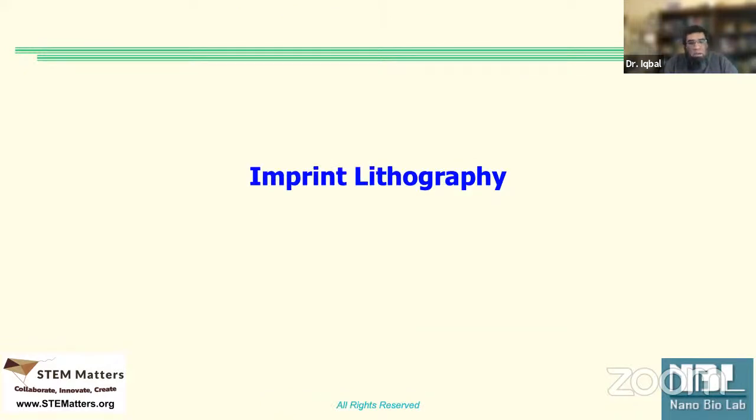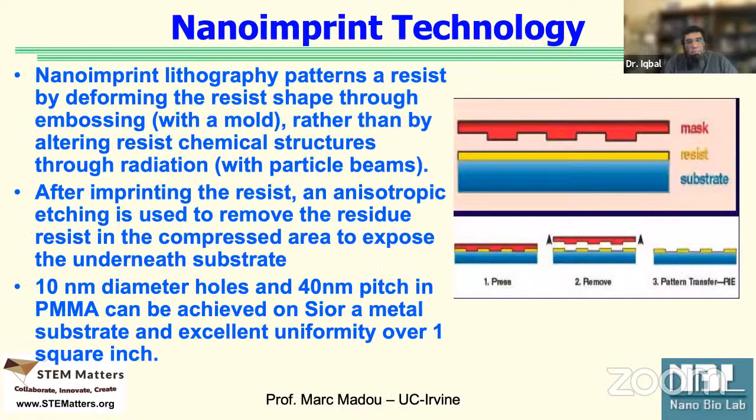So imprint is an idea that we can fabricate nanometer scale patterns. It's a lithography process in a way that we are taking a pattern and we are using a resist, but our pattern or our master, we push it in the resist, and we remove the resist from our raised parts.